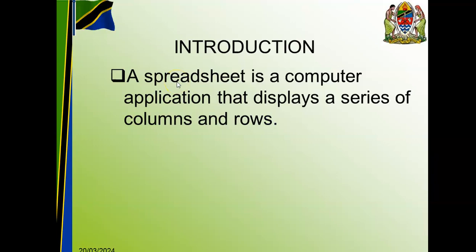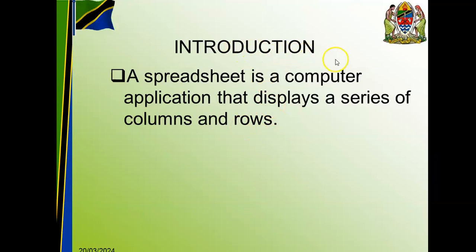Now, what is Spreadsheet? Spreadsheet is a computer application that displays a series of columns and rows. So Spreadsheet means a series of columns and rows in a computer. And the series of rows and columns in a computer can be either in Excel or in other programs.